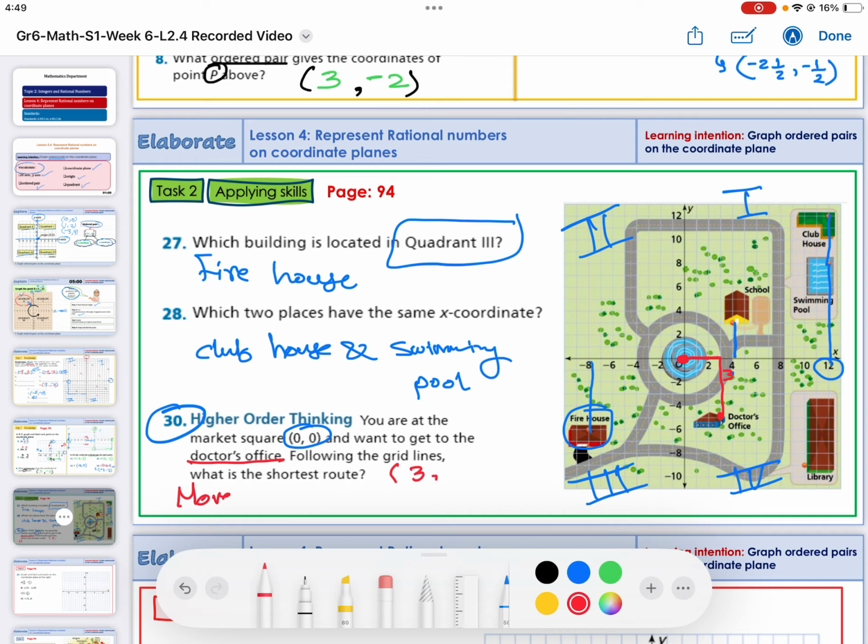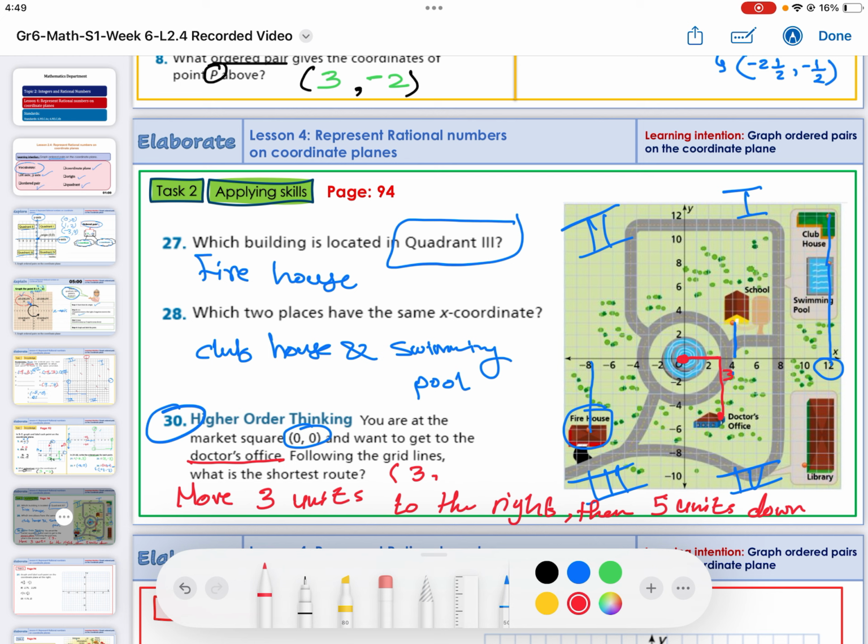Move 3 units or steps, but I prefer, guys, let's use the word units. 3 units to the right, then 5 units down. You can complete it to the right on the x-axis and 5 units down on the y-axis.